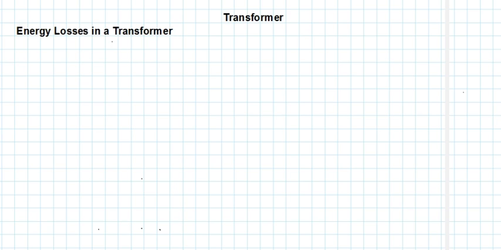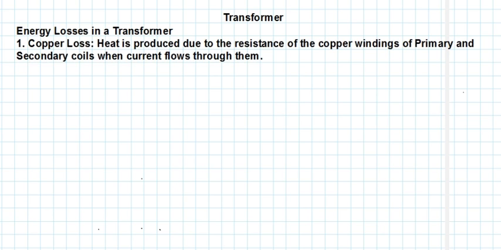Next, we may discuss the different modes of energy losses in a transformer. The first one is copper loss. Heat is produced due to the resistance of the copper windings of primary and secondary coils when the current flows through them.